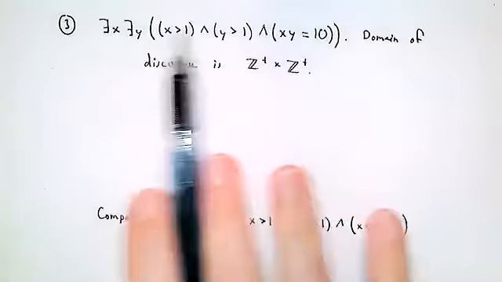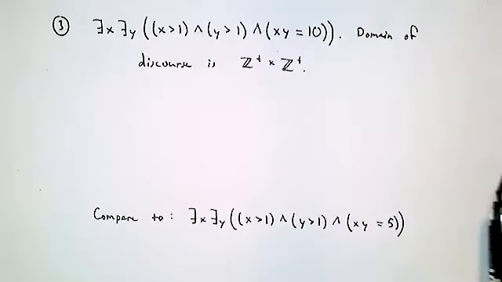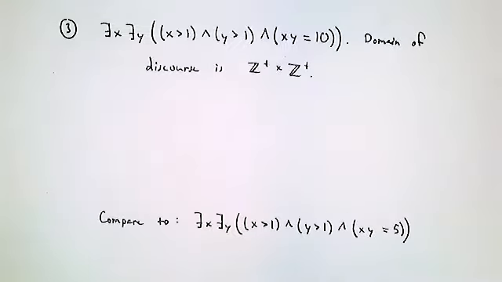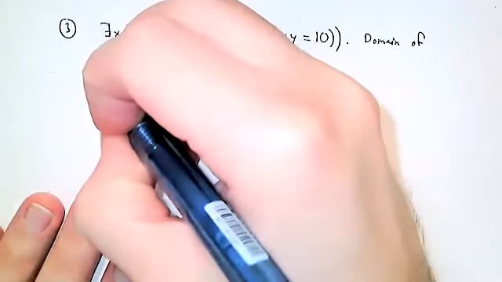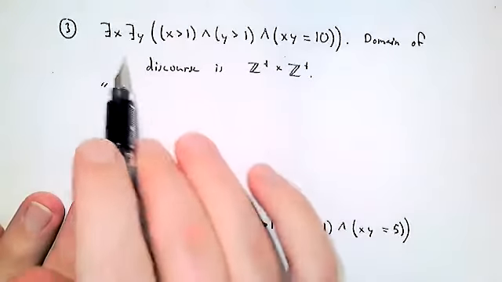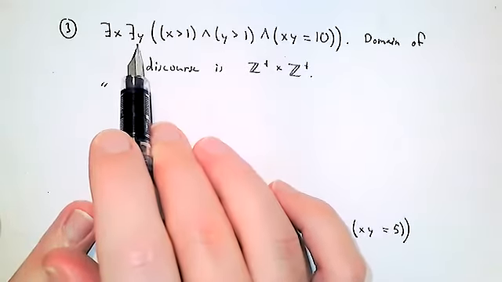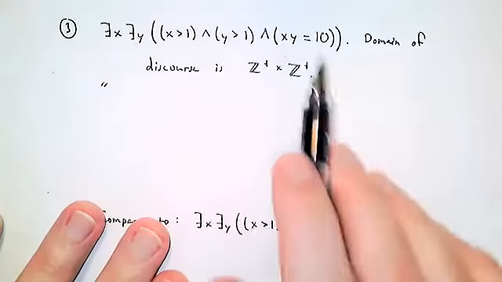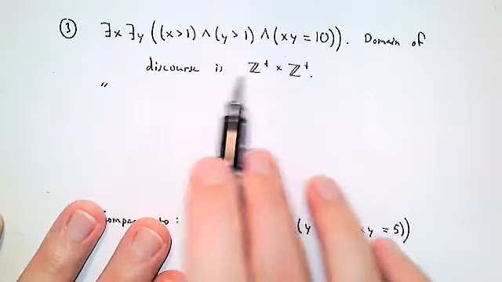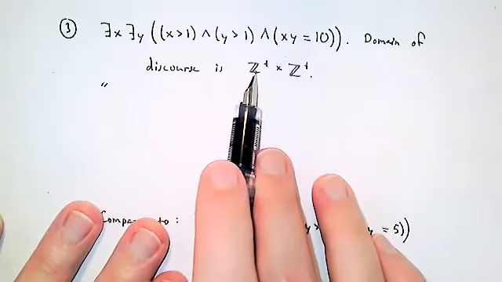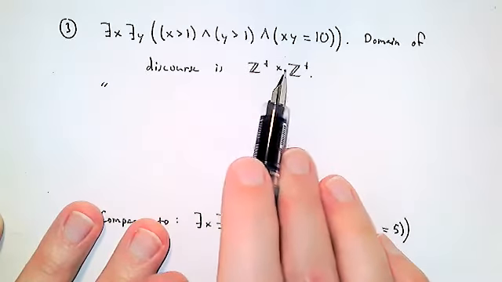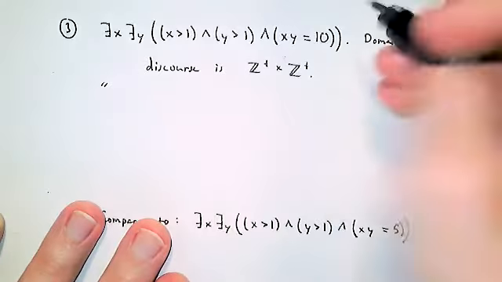This one is in symbolic form again, and we need to translate it into words. Just start reading left to right. This says there exists an x and there exists a y. And we can keep in mind our domain of discourse. Now we're talking about ordered pairs of positive integers.